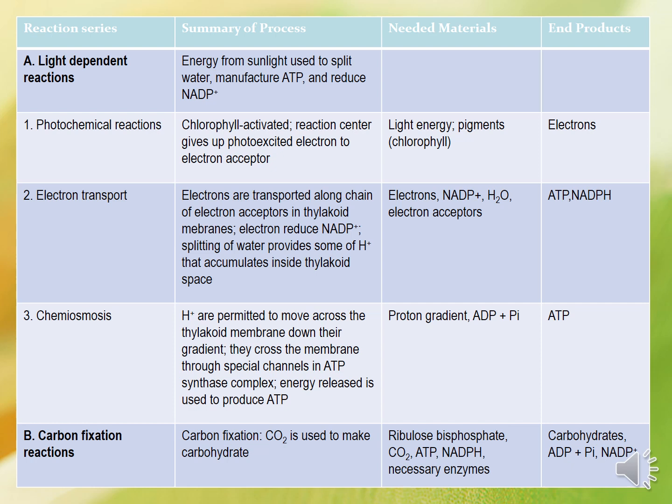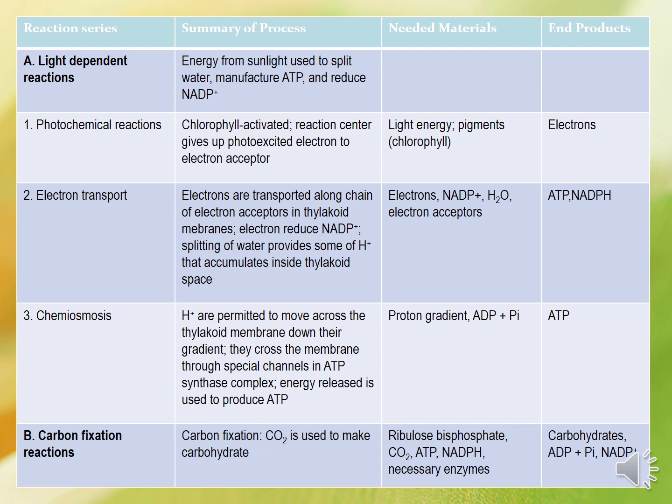Now we look at the light independent reaction, which we call the Calvin cycle. We do the summary regarding the carbon fixation reaction. Why do we focus on carbon fixation in the Calvin cycle?